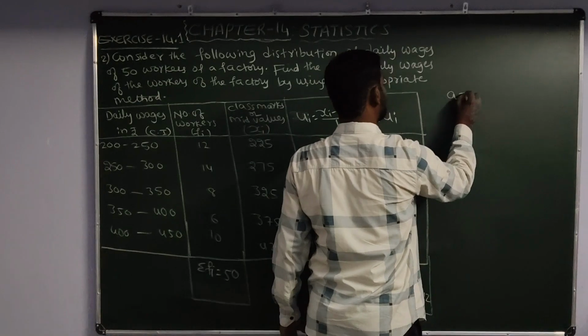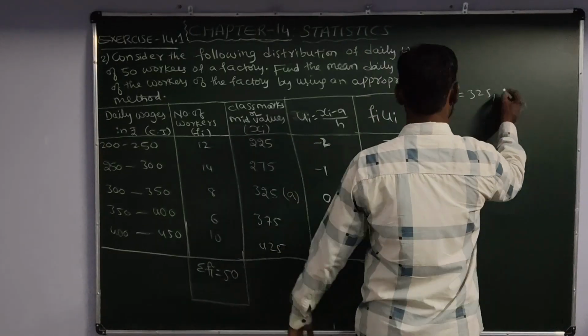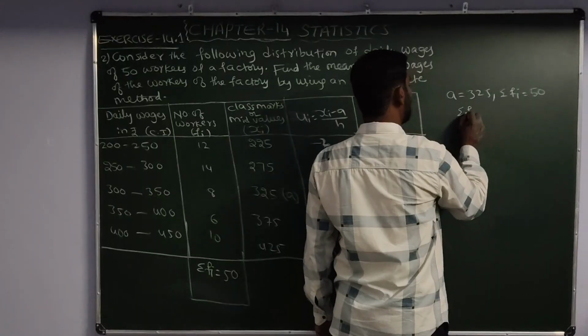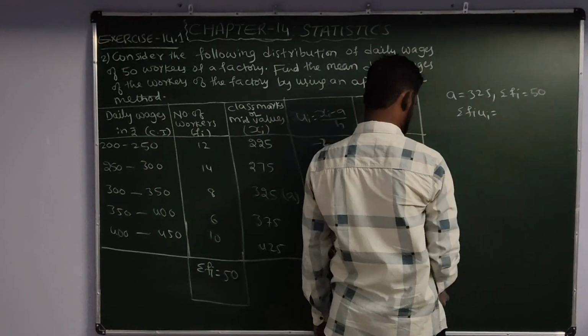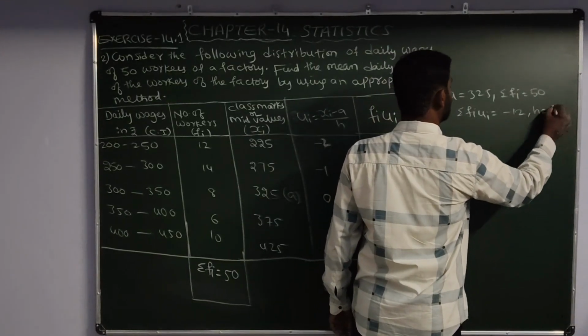Now write the values here. We considered A as 325, sigma Fi we got is 50, sigma Fi Ui value we got is minus 12, and H value is 50.